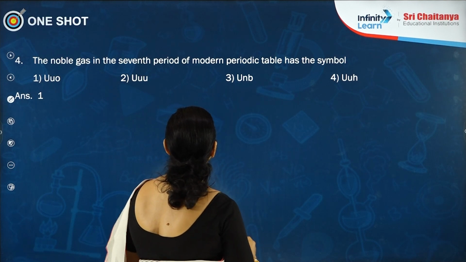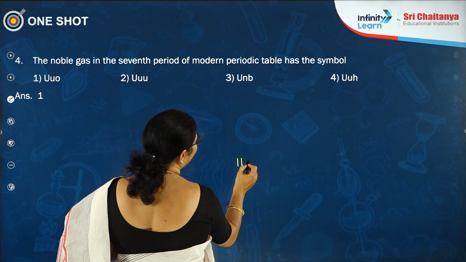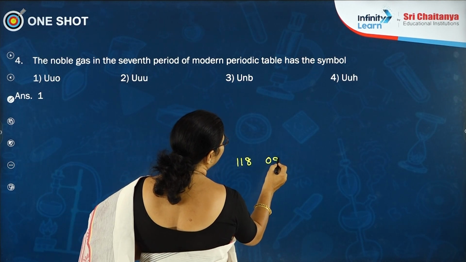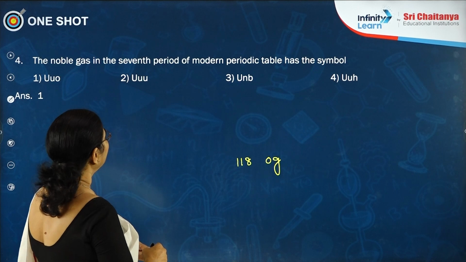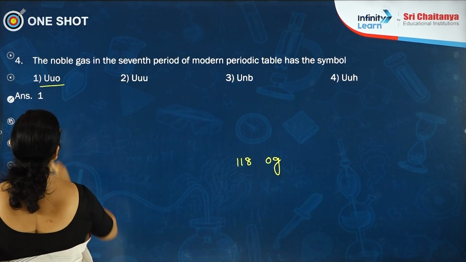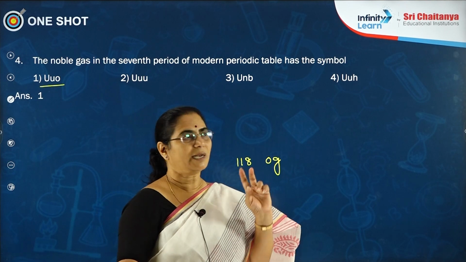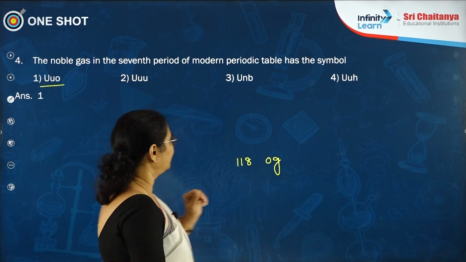The noble gas in the 7th period is the last element, 118, nothing but Oganesson. He is asking the symbol, meaning Uuo. The last 2 years, 21 and 22, they asked this question.